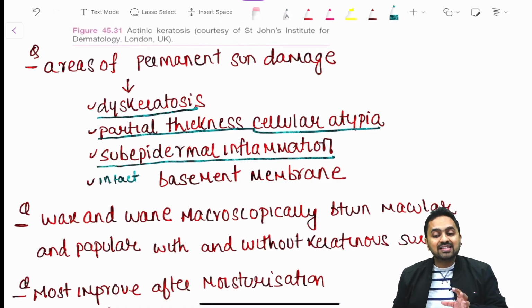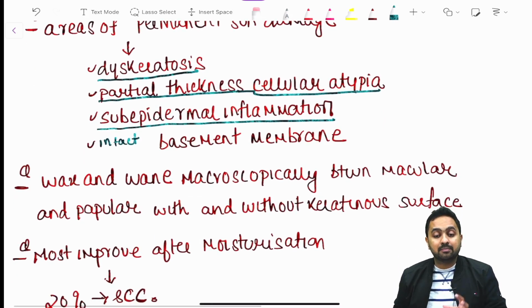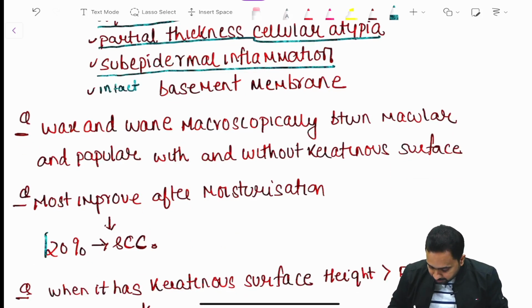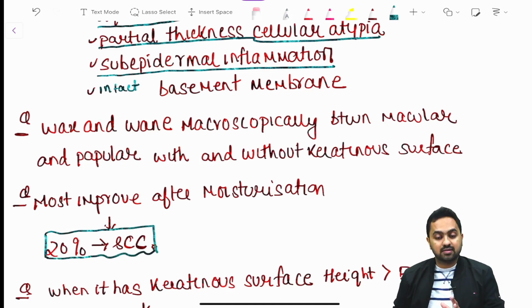So they wax and wane macroscopically between macular and papular, with and without keratinous surface. They mostly improve after moisturization, but around 20% of them develop into squamous cell carcinoma.